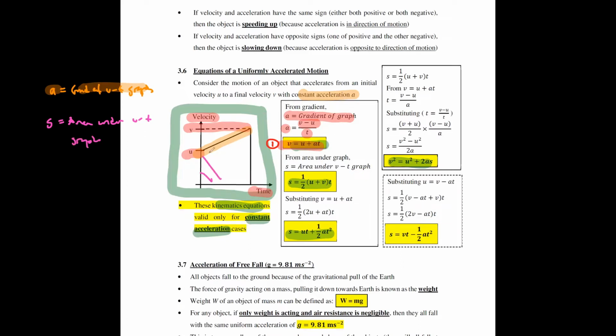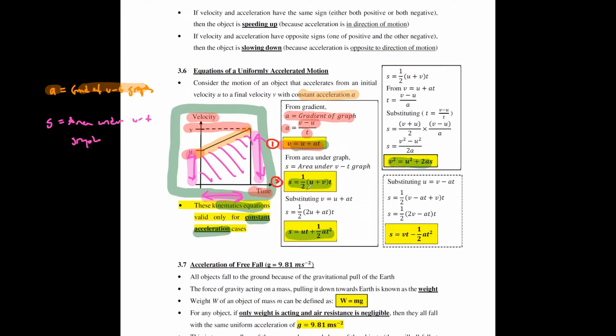So if you look at the area here, this is the area of a trapezium. You need to take this height plus this height multiplied with this length. So it will be half (u plus v) multiplied with t. This one is the second equation.